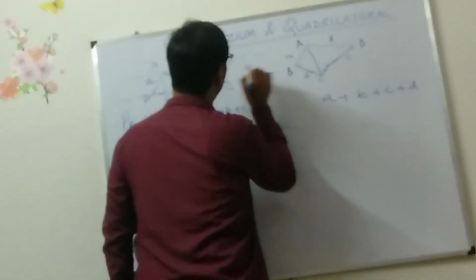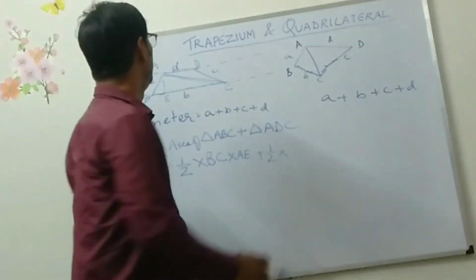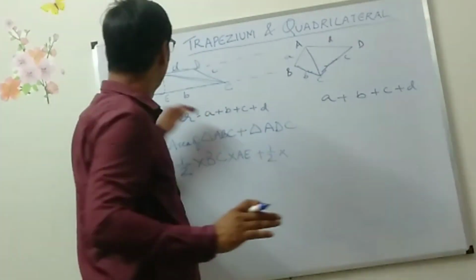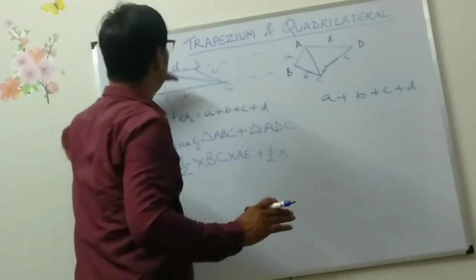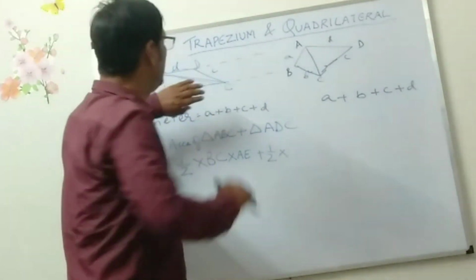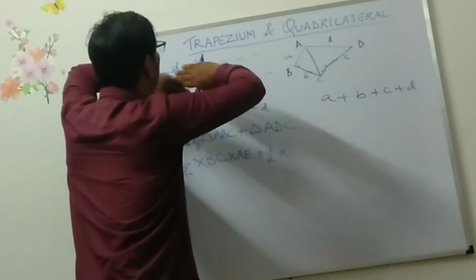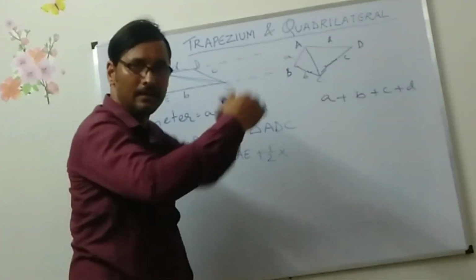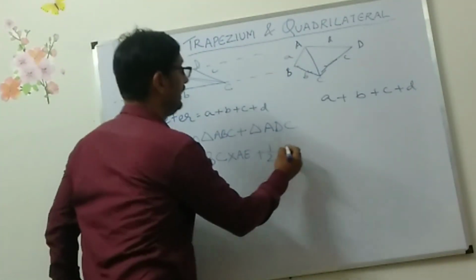They will never be meeting each other. That means AD and BC are parallel lines. So, opposite of BC is what? AD. If BC is base, if I turn it like this, then AD will be at the bottom. So AD will become what?